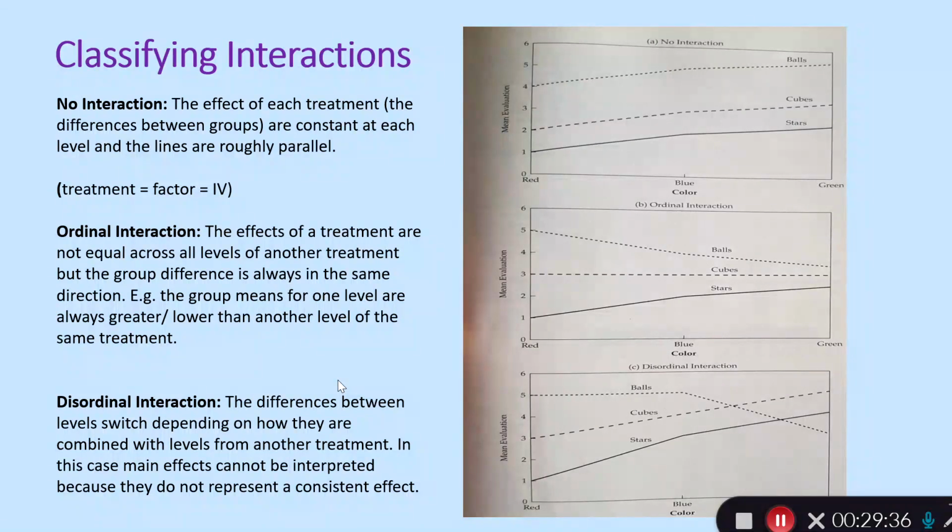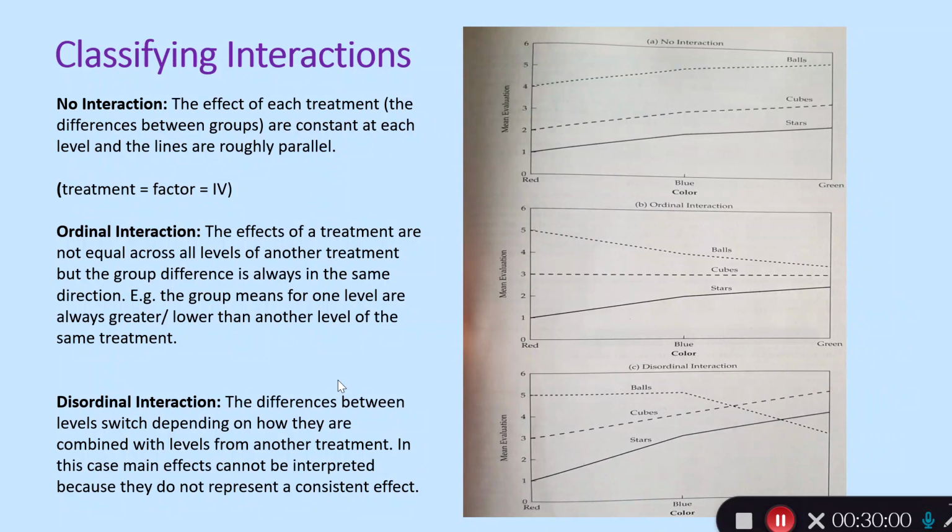There are different things happening at the different levels of colour, but it's always the case that, in terms of shapes, balls, that top finely dotted line, the mean is always higher than it is for cubes or for stars.